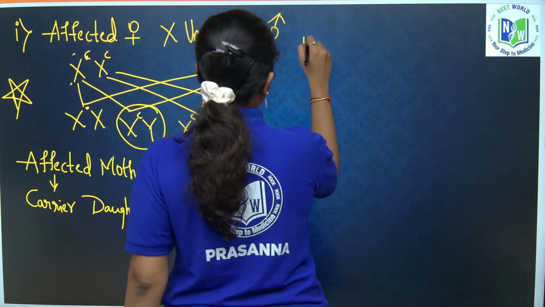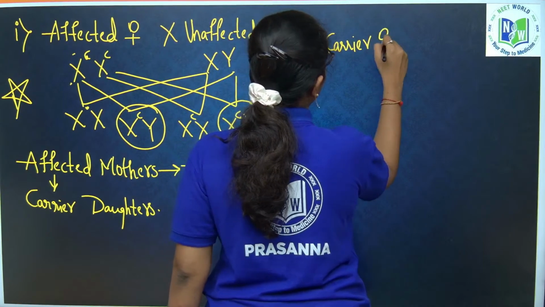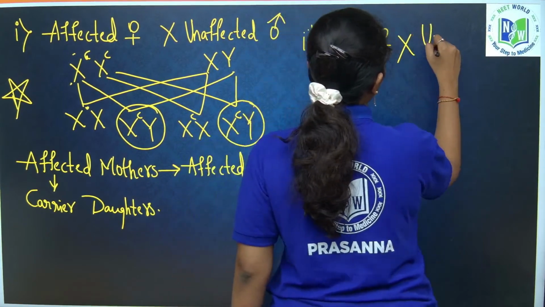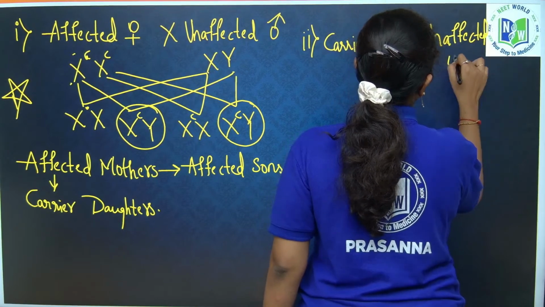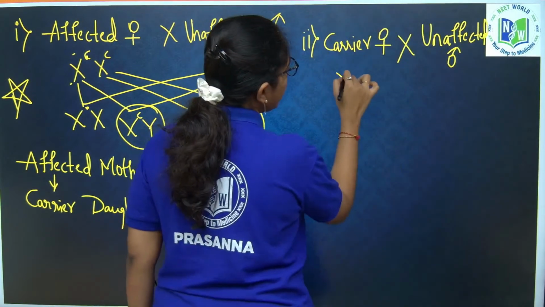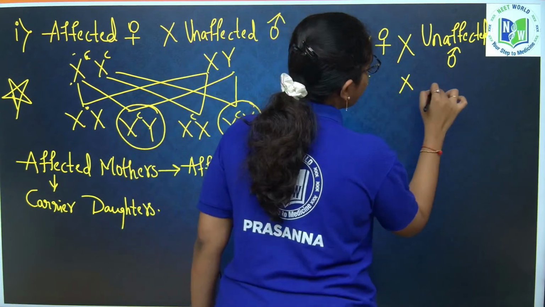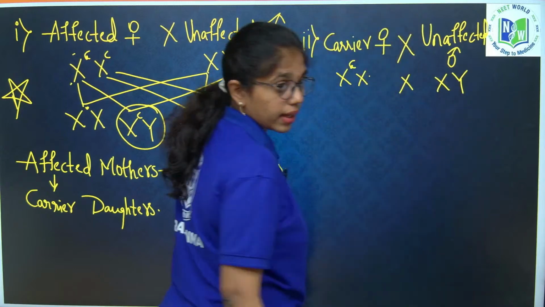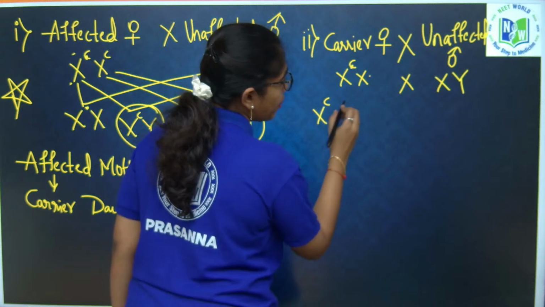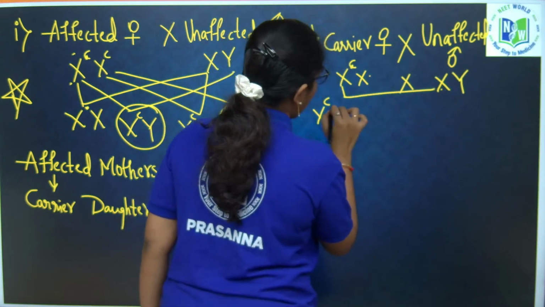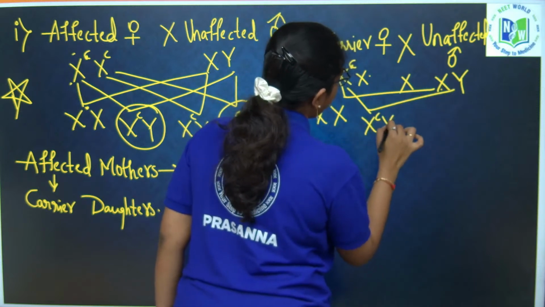Second set of cross, if we do carrier mother with unaffected father. Carrier mother means it is heterozygous, right, and unaffected father is XY. Clear? So if you look into it, the offspring formed are XCX, XCY.